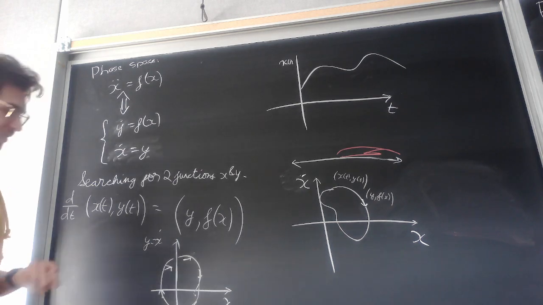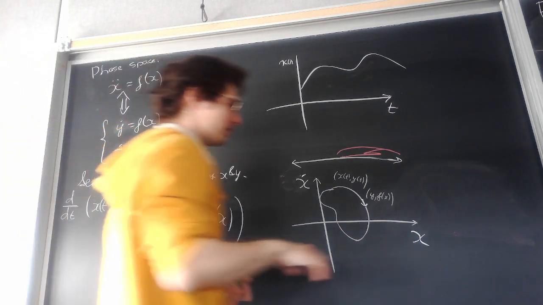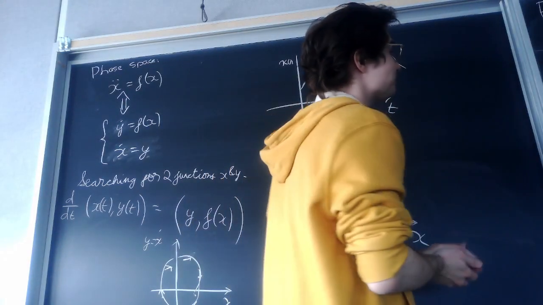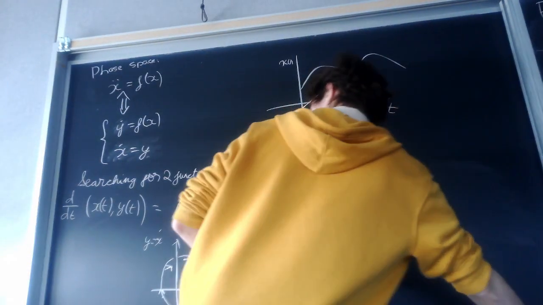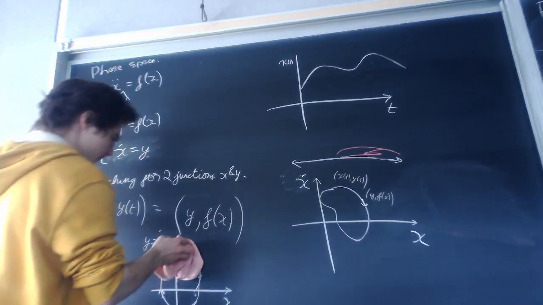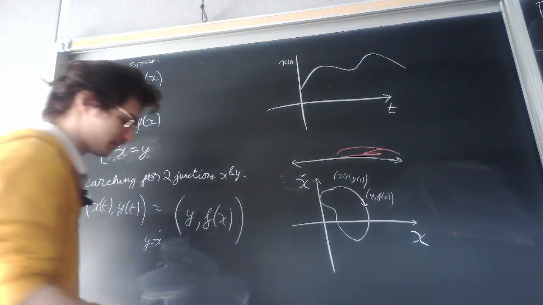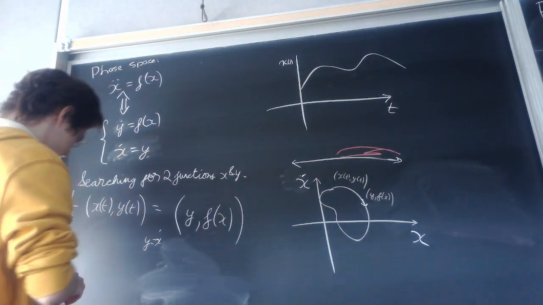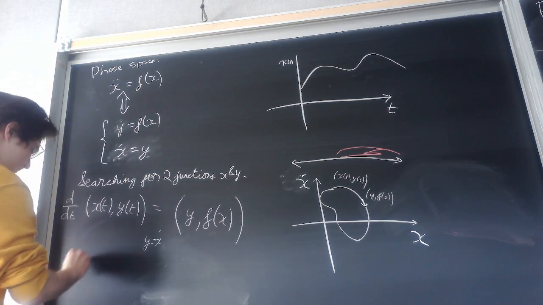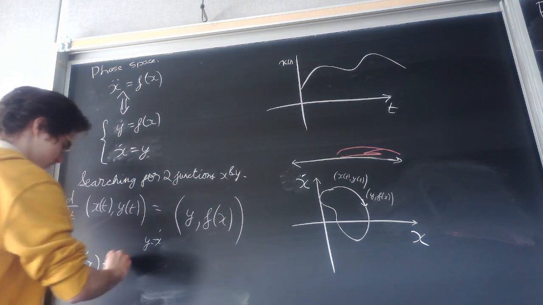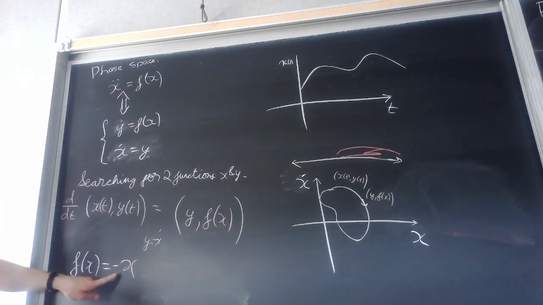So why is f of x equals minus x such a nice example? Physics people have to know. Please. This is very, very easy.